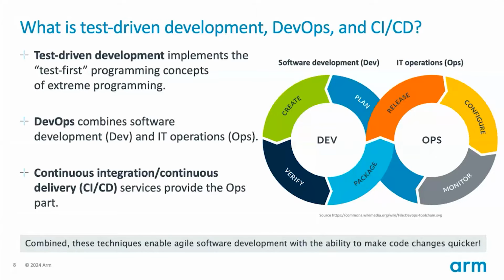DevOps helps you to shorten the system development time by providing continuous integration, test, and delivery. This is this nice circle here on the right. You are going through these circles with DevOps, and basically the ops part, the operations part, is the CI/CD part, and this integrates incremental code changes from several developers into production code when they push, for example, to a GitHub repo.